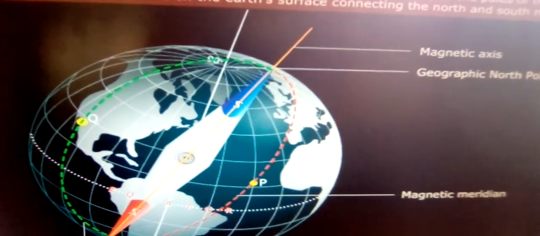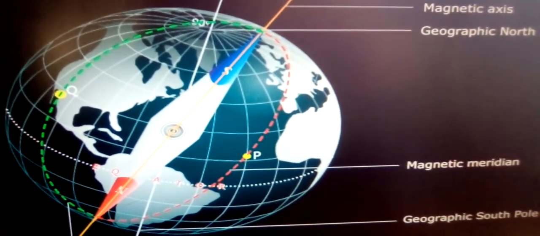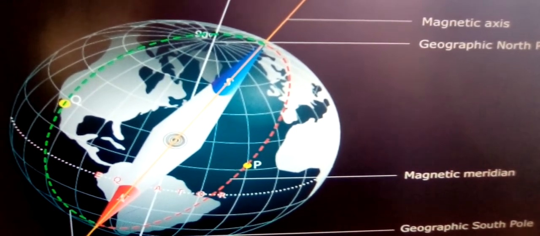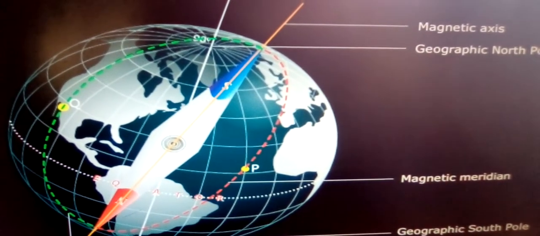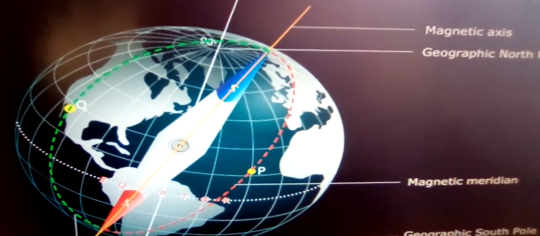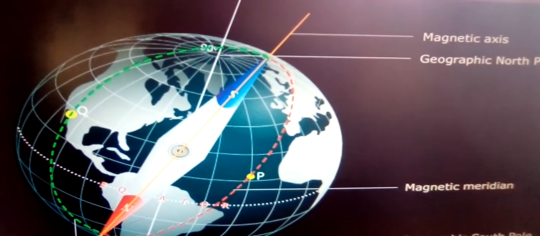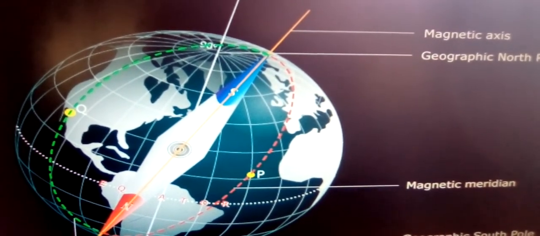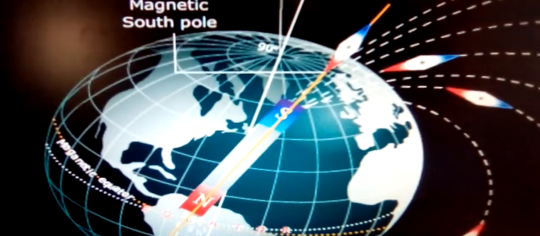The magnetic meridian is a vertical plane which contains the axis of a freely suspended magnet. The geographic meridian is the vertical plane which contains the axis of rotation of the Earth.